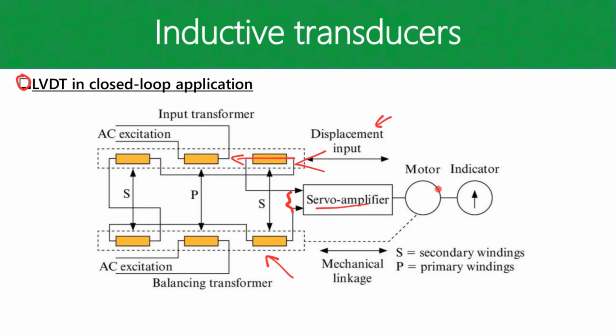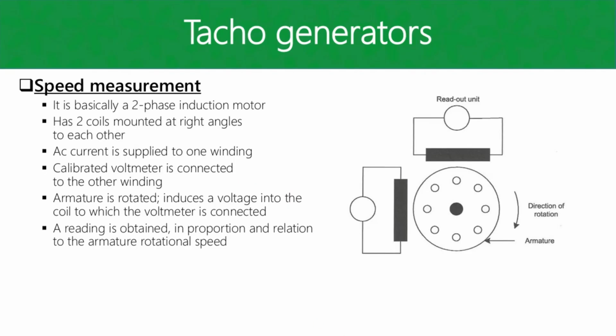The motor starts rotating, and like I said, the motor is also mechanically linked to the feedback LVDT, which adjusts its core until it is at the same position as the reference LVDT, and then the process stops. So that's the use of LVDTs in closed loop control applications.